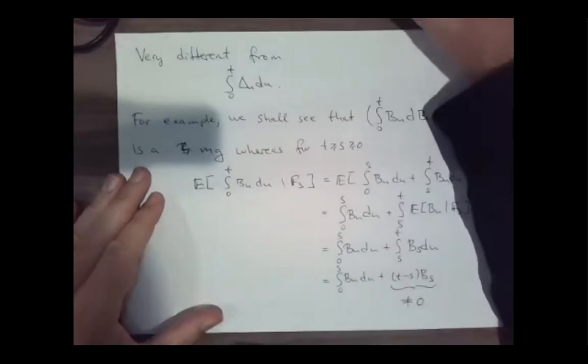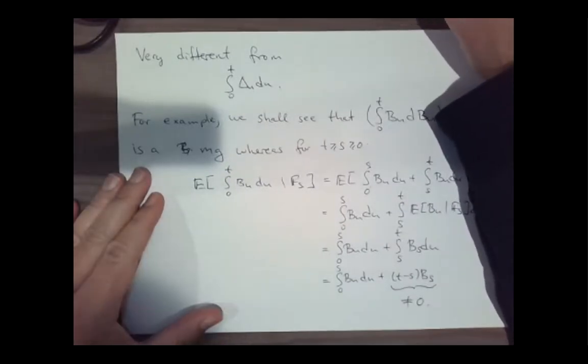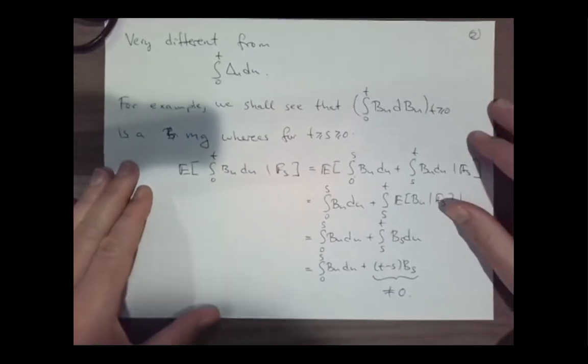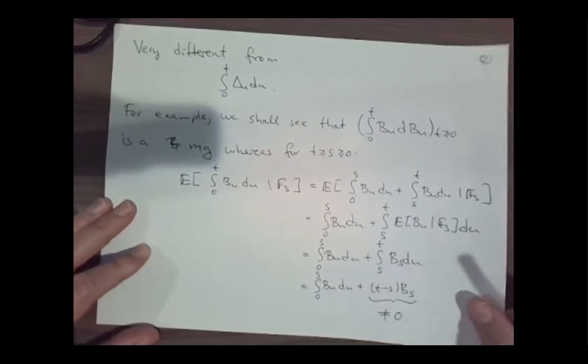We good so far? So how do we define integrals? Well, the spirit, the way to define it, is similar to what we did for the Lebesgue integral. So we start simple.